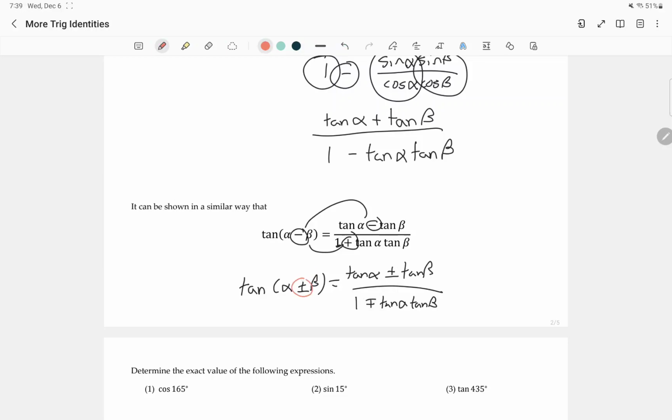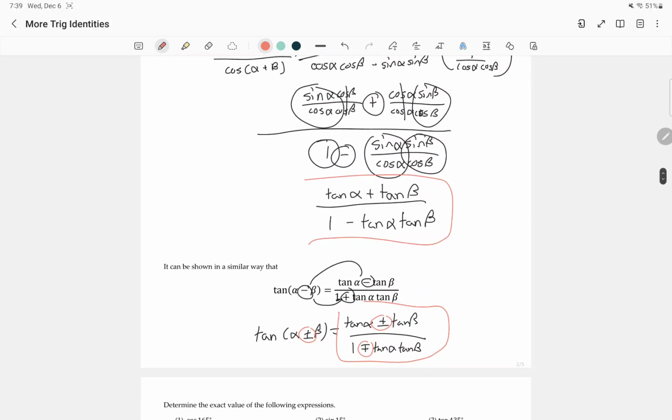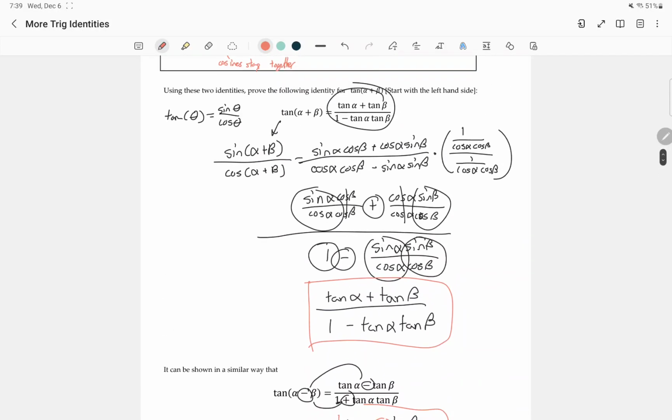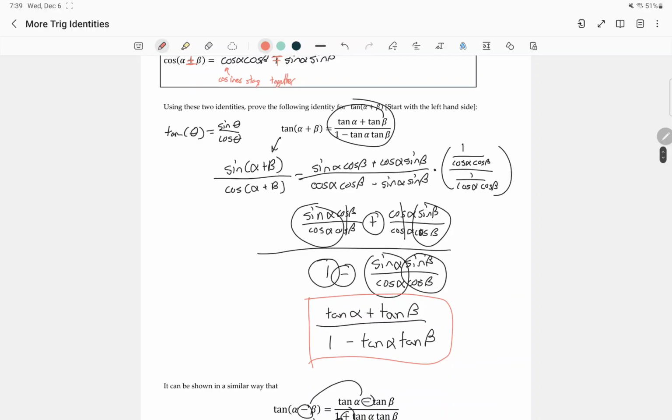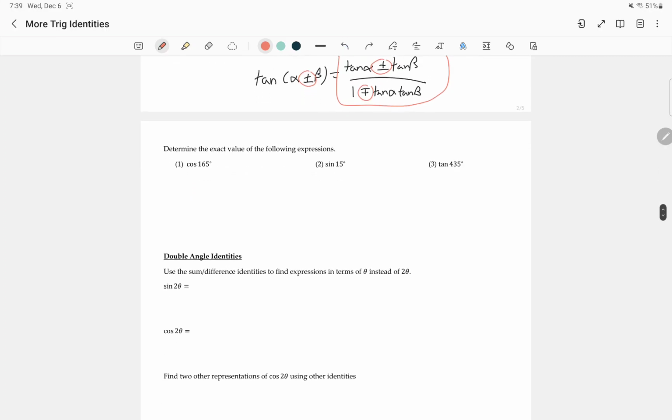And I'll just write this in orange to make sure you remember. And yeah, these are somewhat important to remember. It's just nice because if you're using tan a lot, you can just skip to this instead of having to derive this on the test. So moving on, I'll let you guys do these because I don't want to waste my time on that.